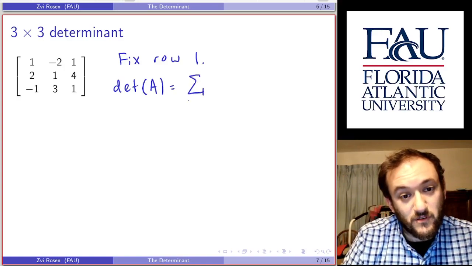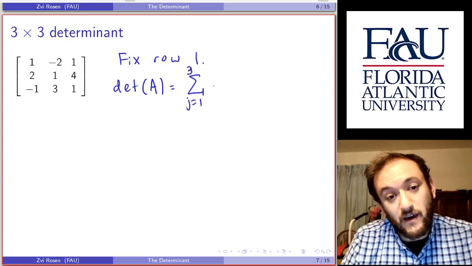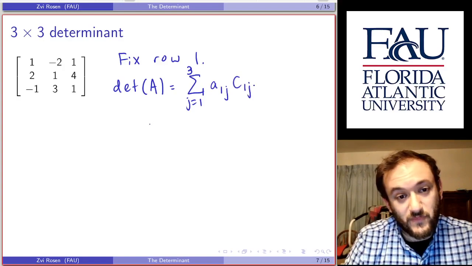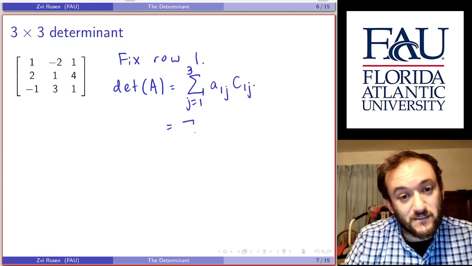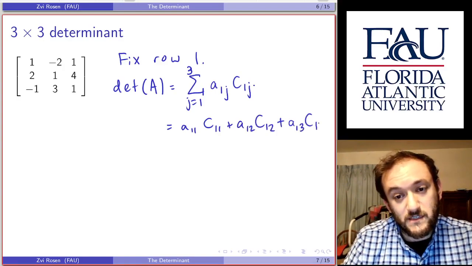It'll be the sum from j equals 1 to n, which in this case is 3, because that's a 3 by 3 matrix, of A1j C1j. For us, that's equal to A11 C11 plus A12 C12 plus A13 C13.